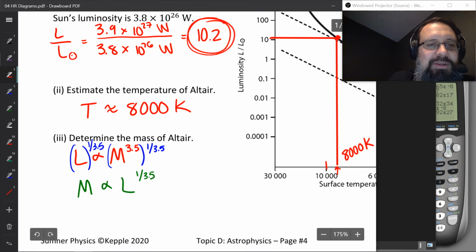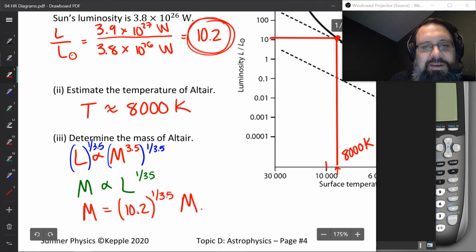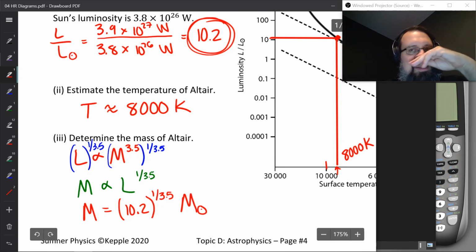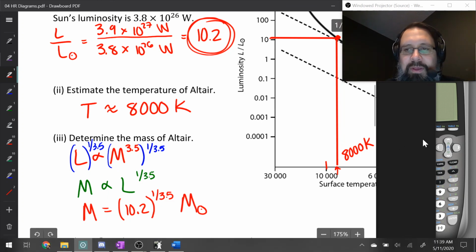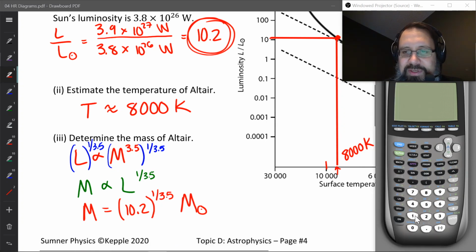All right, so now all I have to do is say that the mass is equal to 10.2 to the 1 over 3.5, times the mass of the sun. I'm using the mass of the sun there as my proportionality coefficient, changing the proportional to an equal. Okay, so now all I have to do is just do 10.2.